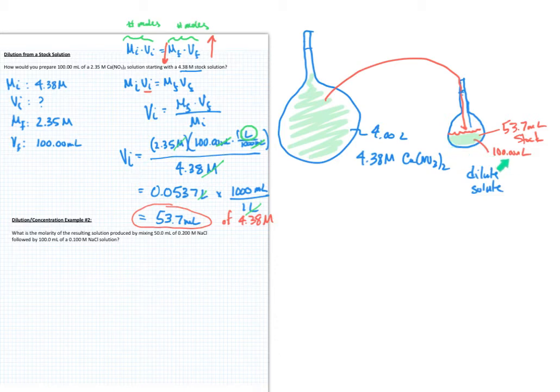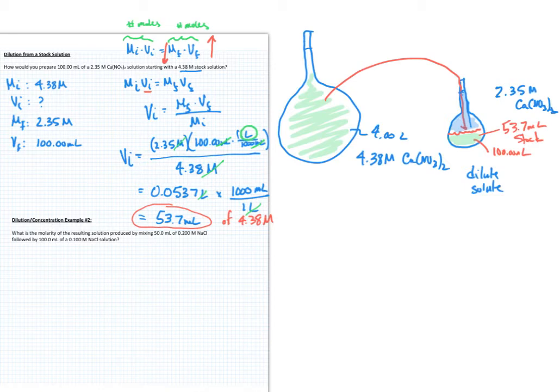You pick a certain one out, in this case 100 milliliters. I'm going to put 53.7 milliliters of the stock in there, and then add water on top of that. I'm going to fill the water right up to the line and put the lid on it, shake it up, and after I'm convinced that I have a uniform solution, I now have a 2.35 molar solution of calcium nitrate.